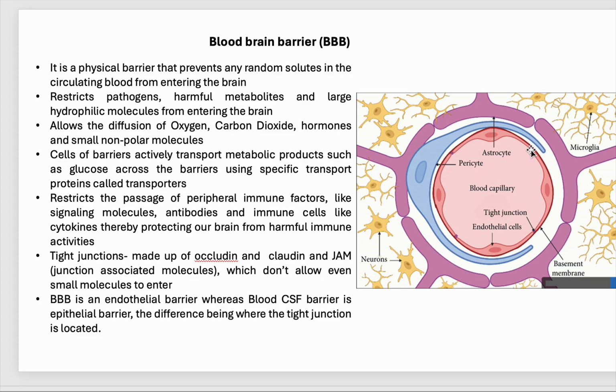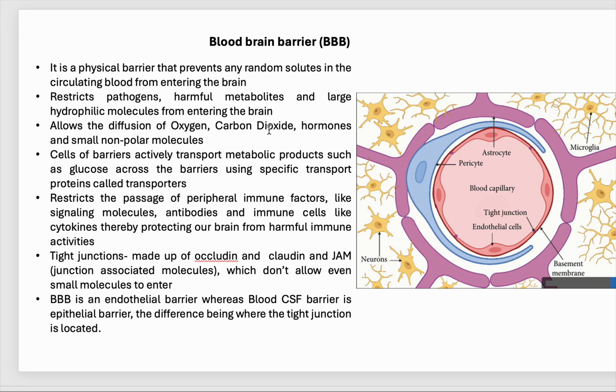Now, the cells of the barrier actively transport metabolic products such as glucose. It's very essential for our brain. So they let the glucose be actively transported. It allows diffusion of small gaseous molecules like oxygen, carbon dioxide, and hormones, and small non-polar molecules.